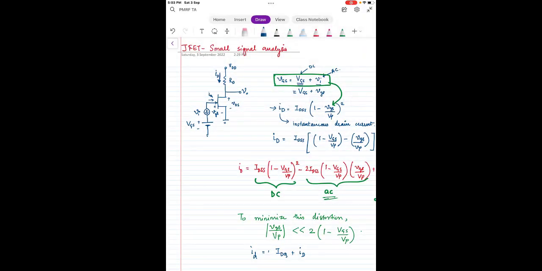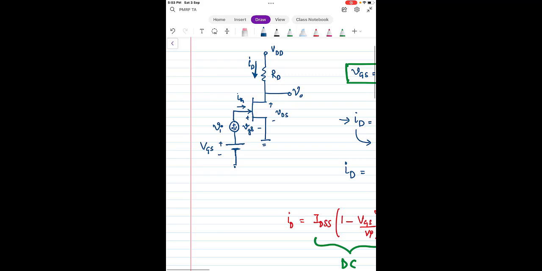So we will check the JFET small signal analysis. You can see the figure here. Okay, so we have put a DC biasing, right? We have put a DC biasing for biasing the JFET, and then we are putting the AC signal vi, small vi. So whatever is in small is the instantaneous signal. Okay, so capital is the DC signal.